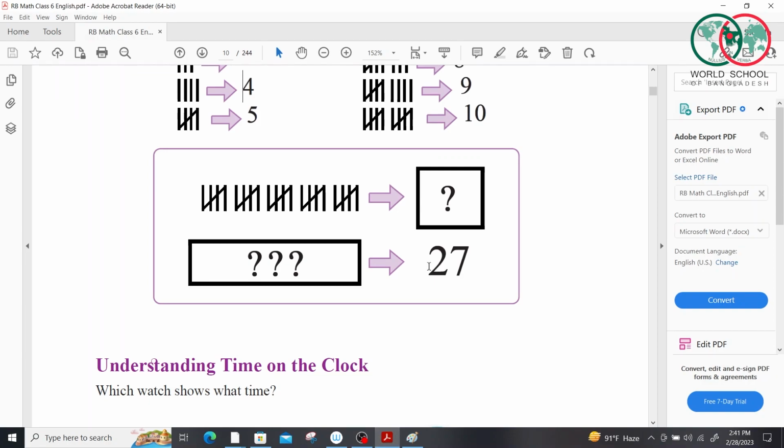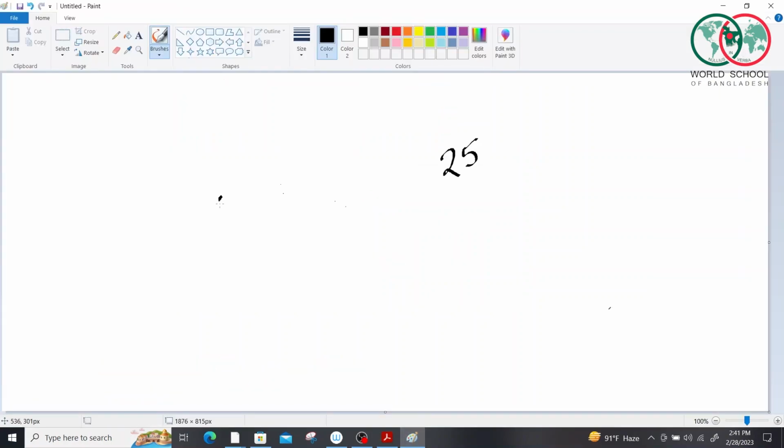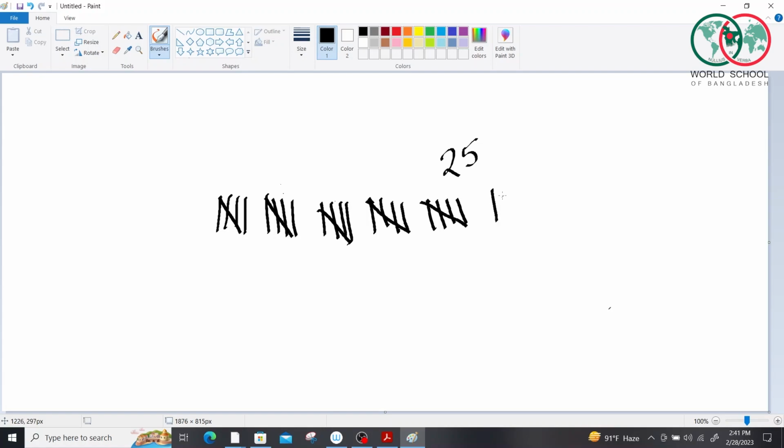How do you represent 27 in tally? As we have already seen, to represent 5, 10, 15, 20, 25. Now if we add 2 more, it becomes 27.